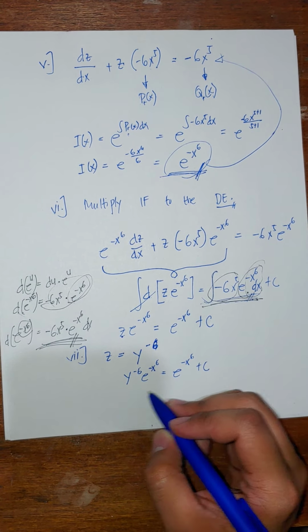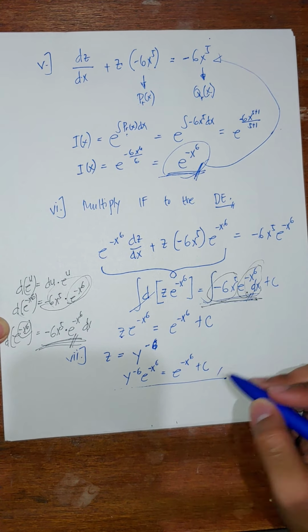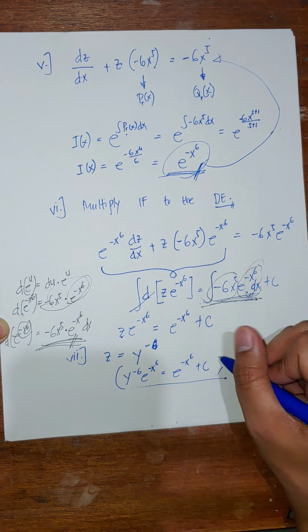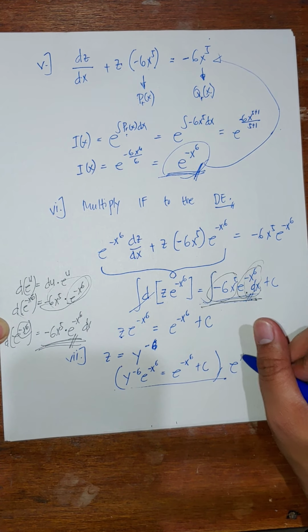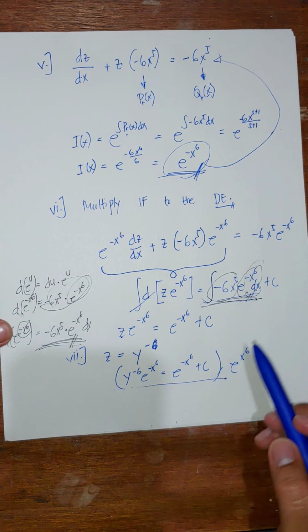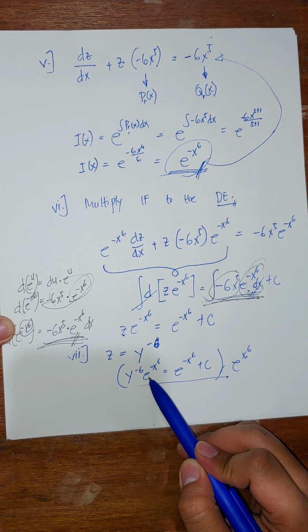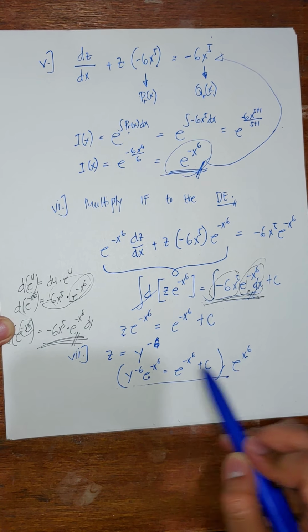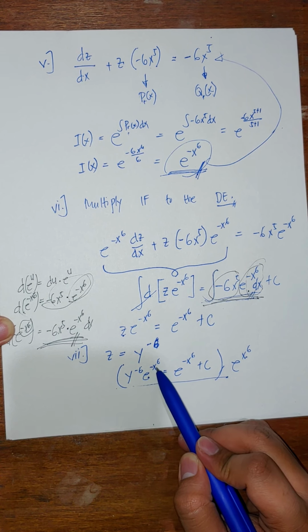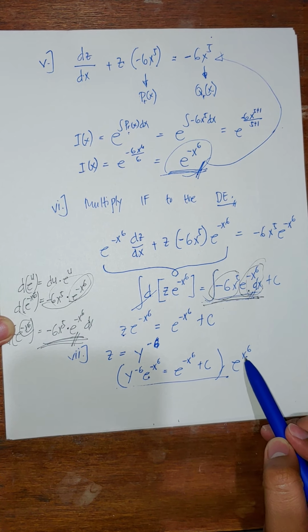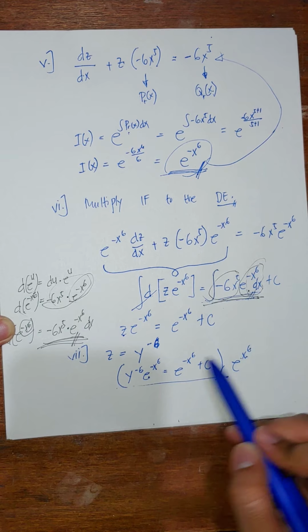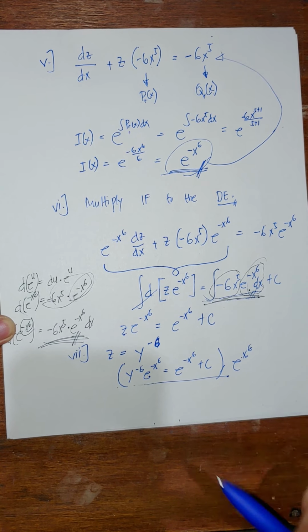This can be our final answer, or we can multiply the whole equation by e to the positive x to the 6. Why positive? Because they will cancel: e to the negative x to the 6 plus x to the 6 is just equal to e to the 0, and any number raised to the power of 0 is always equal to 1.